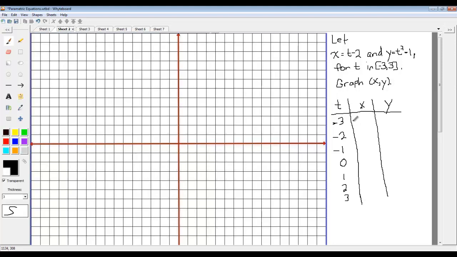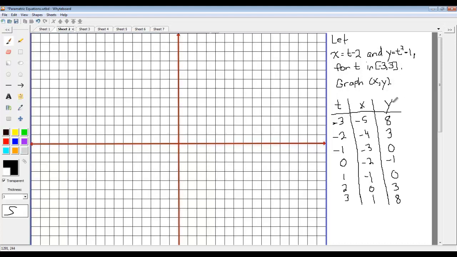So if we take each t value and subtract 2, we'll get x values. y is t squared minus 1. So if we take each t value and square it and then subtract 1, we'll get the y values. And that should be enough to try to graph on a grid here.